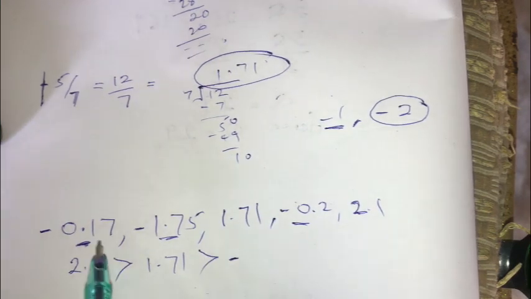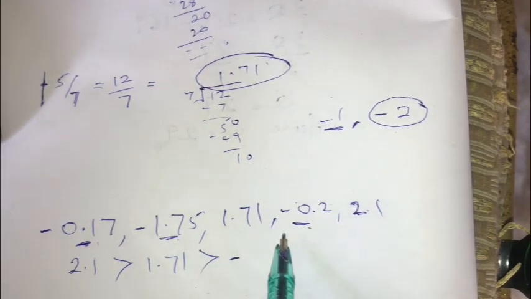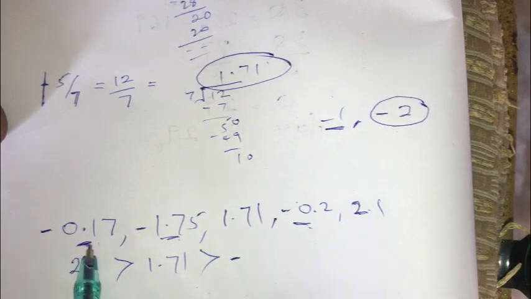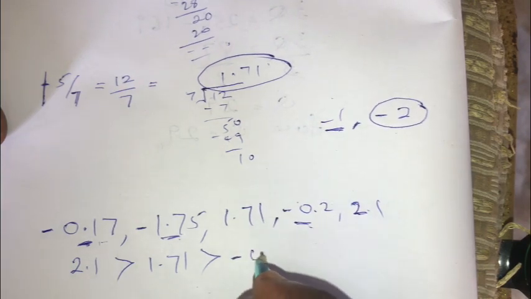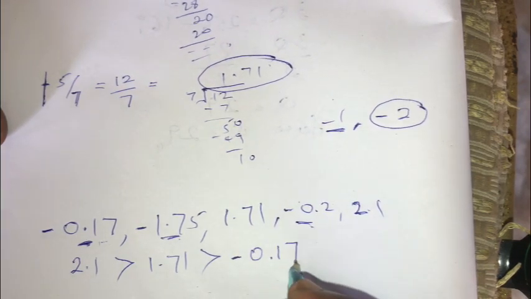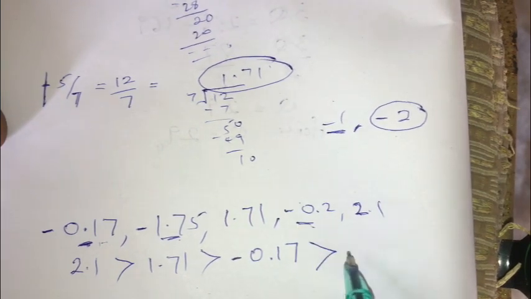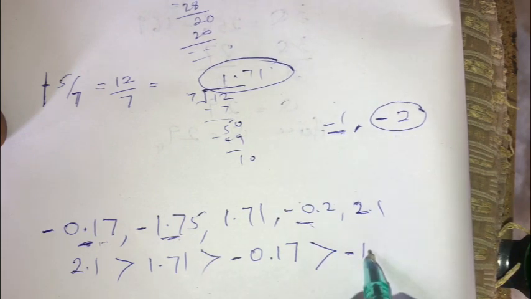So when we take these three negatives, which one do you think is the biggest? It's definitely -0.17. Negative 0.17 is also bigger than negative 1.75. No, sorry, negative 0.2.